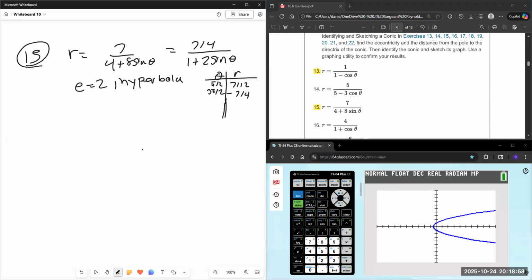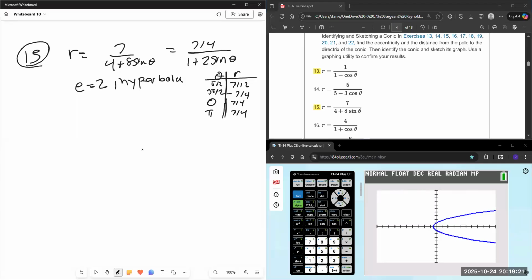Won't hurt me to find my x-intercepts, so let's go ahead and find those at 0, 7/4, and then we have at pi, that'll also be 0 and 7/4.